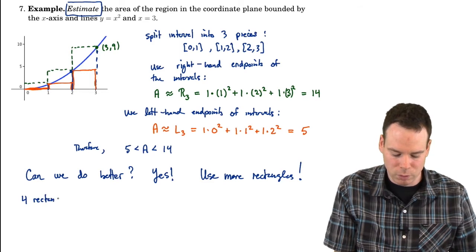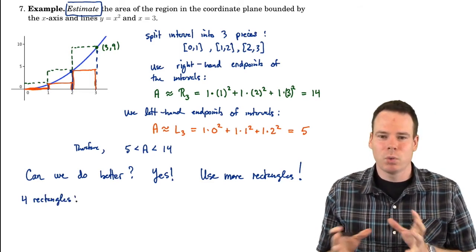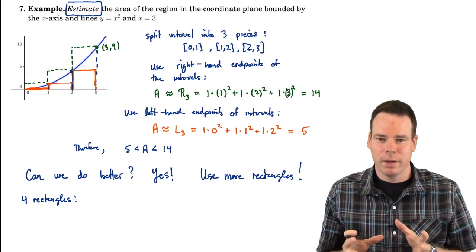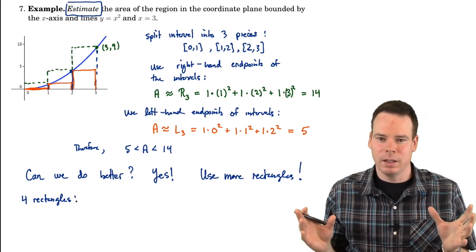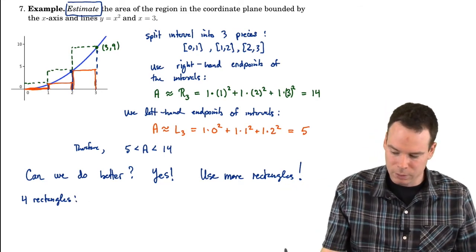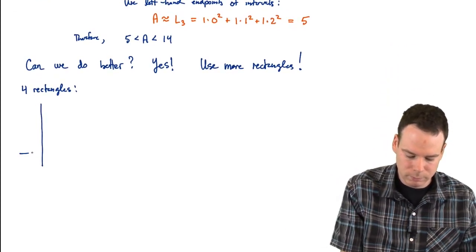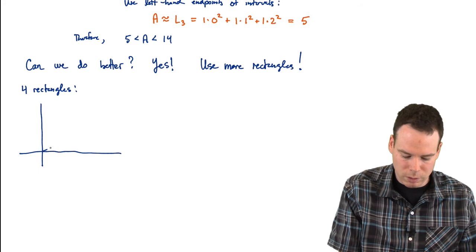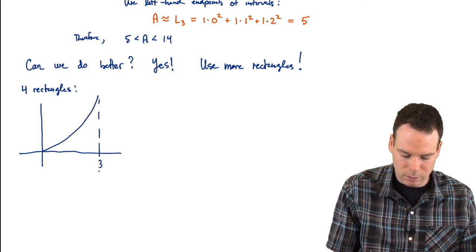Now I'm just doing the 4 rectangle case, so we get a feeling for what the calculations actually are. Then we're going to go and do the general n rectangle case, where n is any number. Could be 3, could be 4, could be 80. So in 4 rectangles, what do the calculations look like? So here's our region, up to 3.